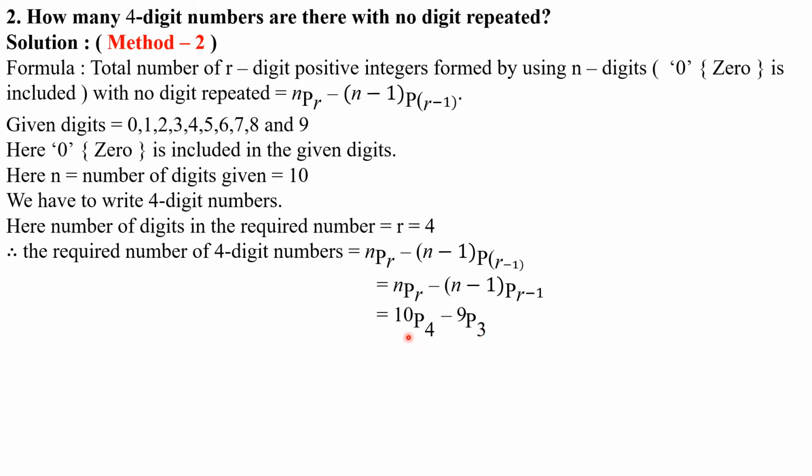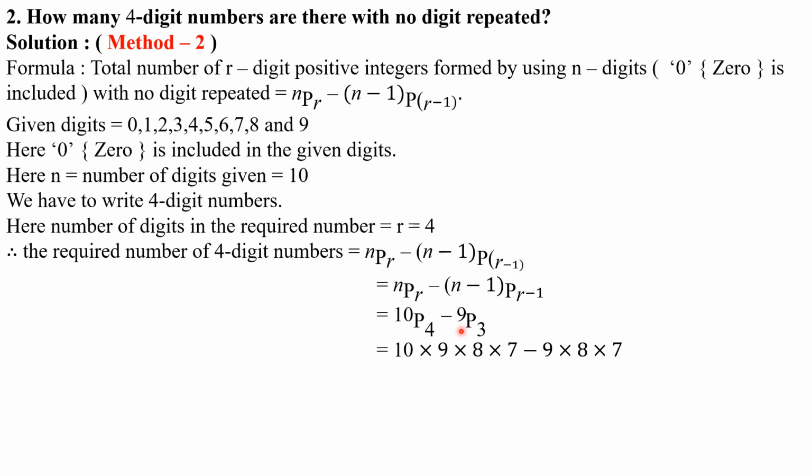Now we are going to find the value of 10P4, and we find the 9P3 value separately. Do you remember how to find the value of 10P4? Yes, we have to write 4 factors starting from this number 10 and write the natural numbers in descending order. Okay, my children. So that is equal to 10 into 9 into 8 into 7. Minus, similarly 9P3.